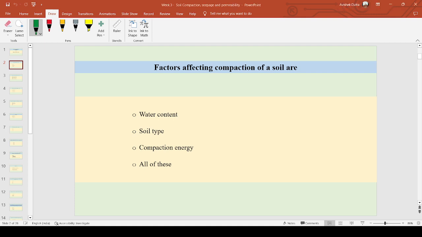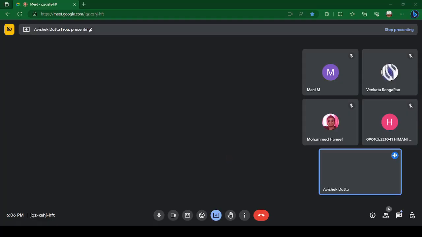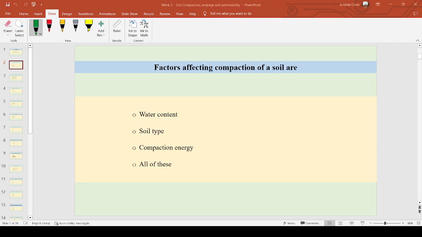Okay. So yes, D. All of this is the answer because soil compaction is affected by water content, soil type, compaction energy, everything. So all of this is the answer. All the three factors affect the compaction of a soil.